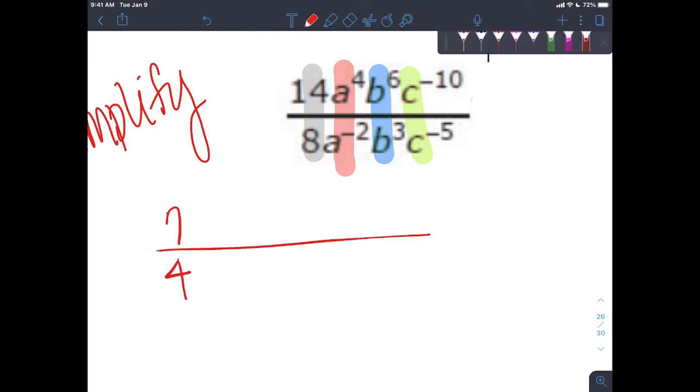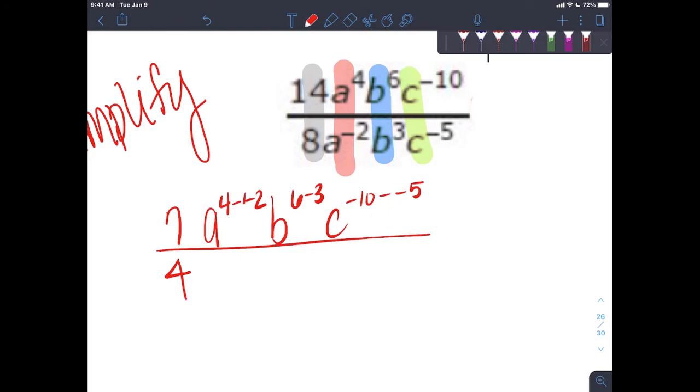A to the power of 4 over A to the power of negative 2. I could move the negative 2 to the top and then add them, or I can subtract them. I'll subtract them today. B to the power of 6 minus 3. And then C to the power of negative 10 over C to the power of negative 5. I'll subtract those because I want you guys to see the rules can be done in any order.